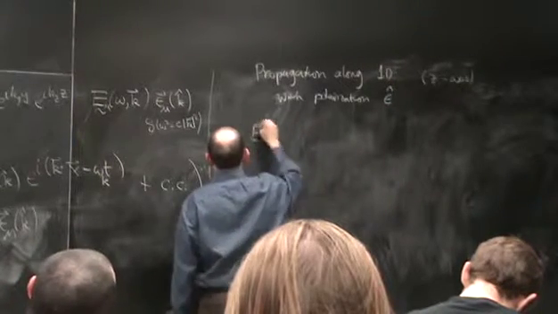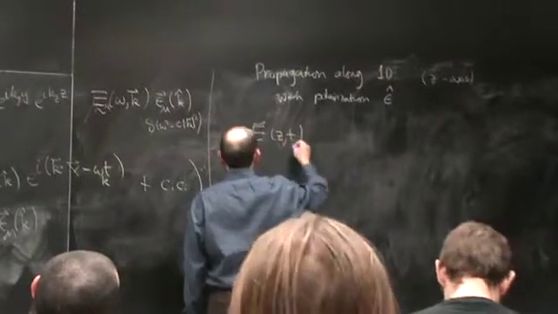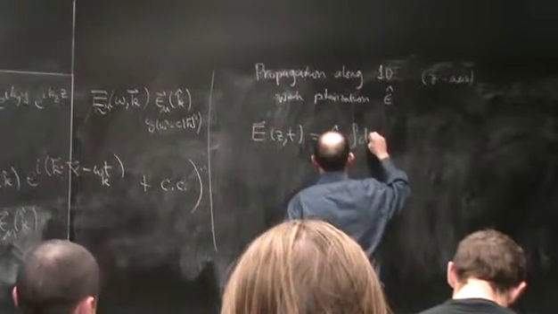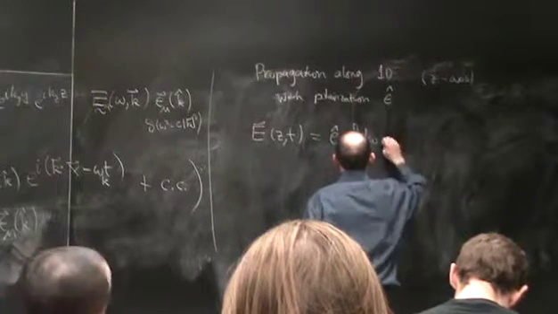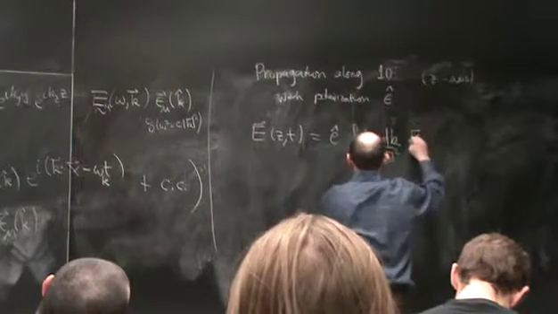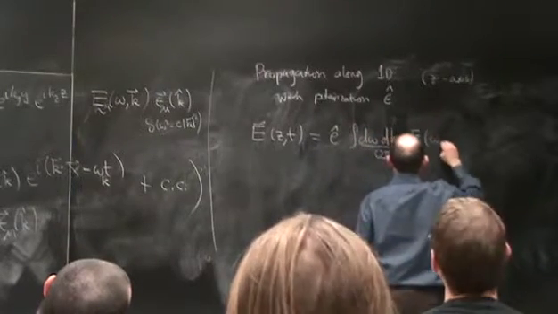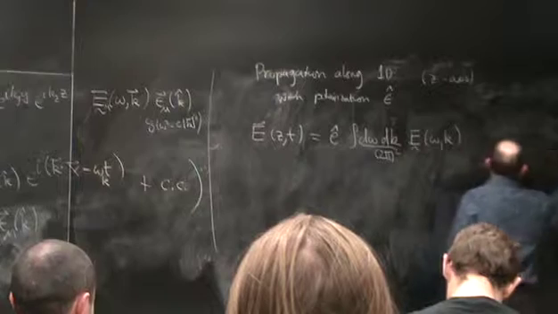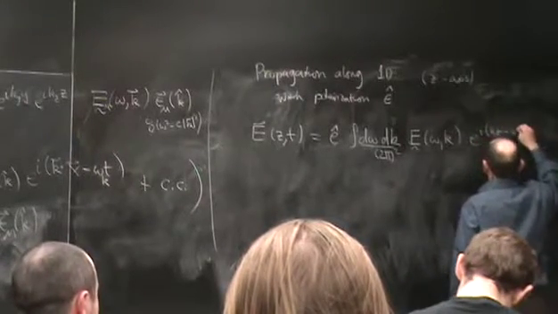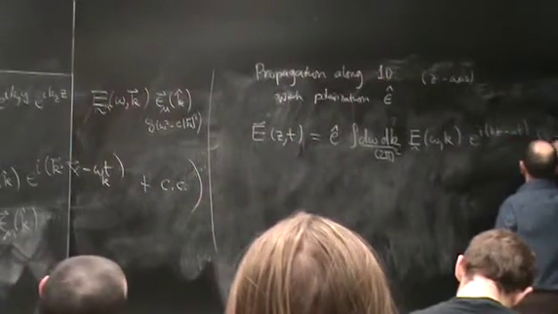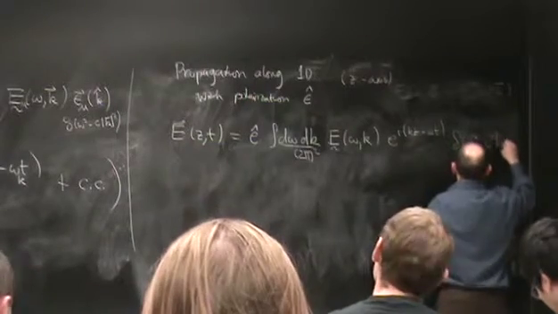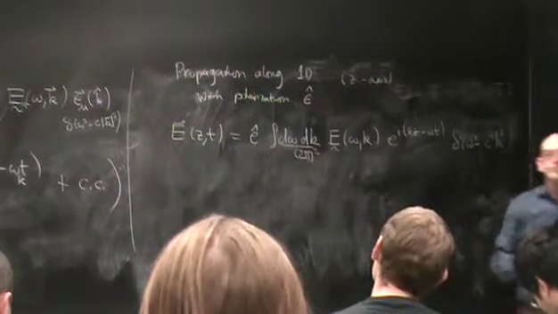So E as a function of one spatial direction, z, with one polarization, is the integral d omega dk of P tilde of omega and k, e to the i (kz minus omega t), times delta of omega squared minus c squared k squared.